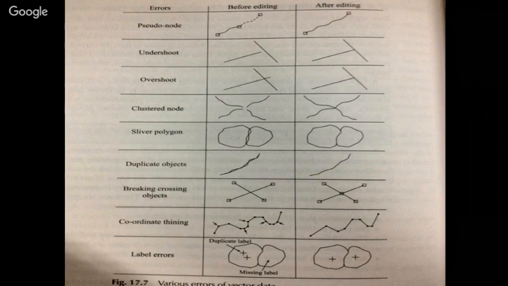Labeling errors, as we explained, every polygon has its own label. Sometimes there would be missing labels, or double or duplicate labels. After correction, there would be a single label for each polygon.